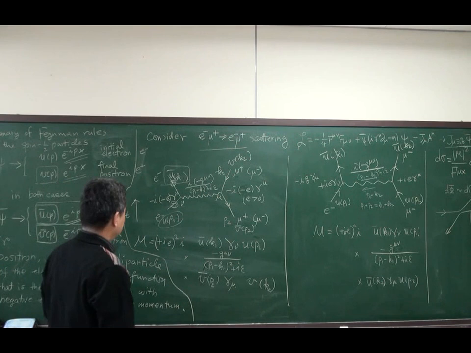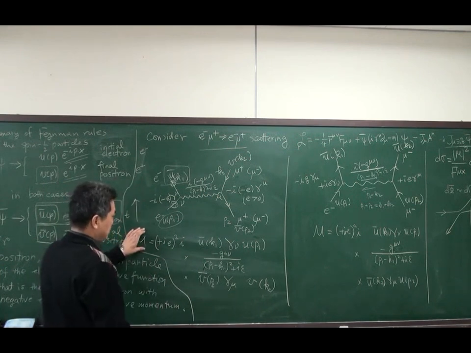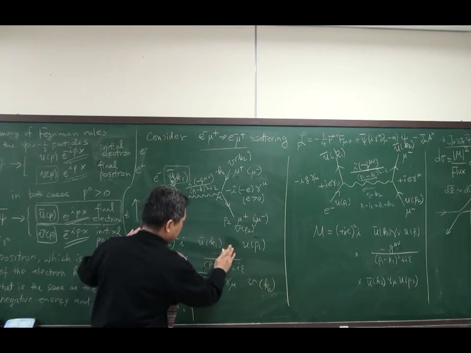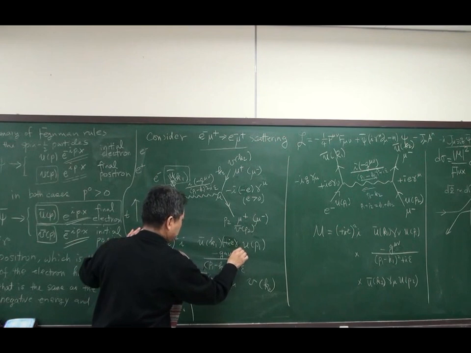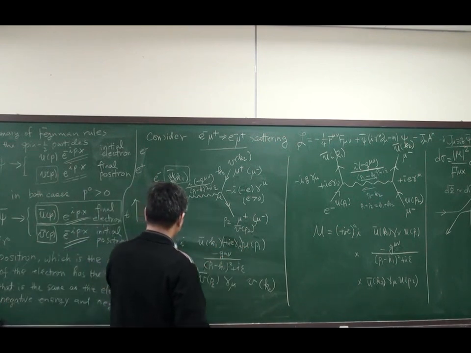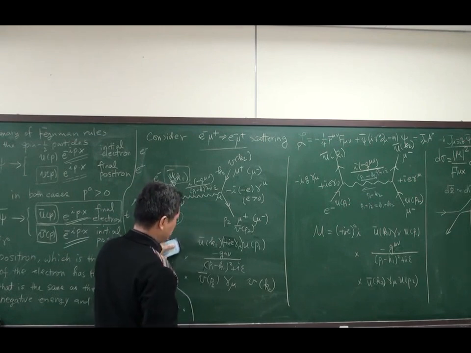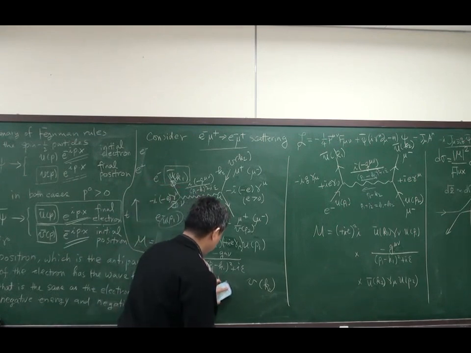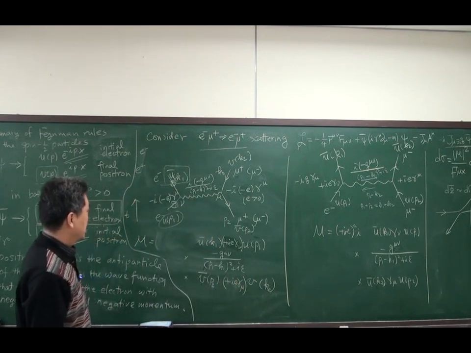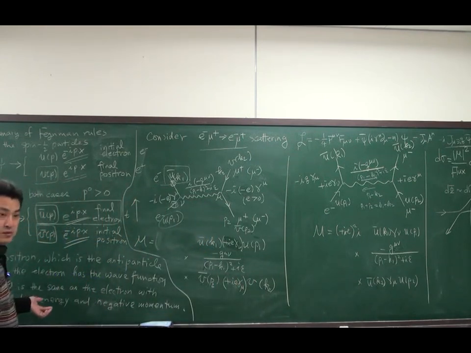So the invariant amplitude is the vertex. This is the vertex, and attach wave functions.